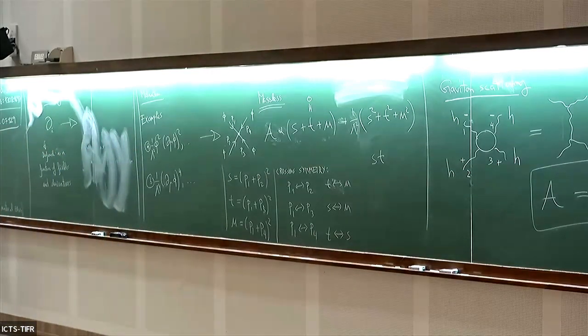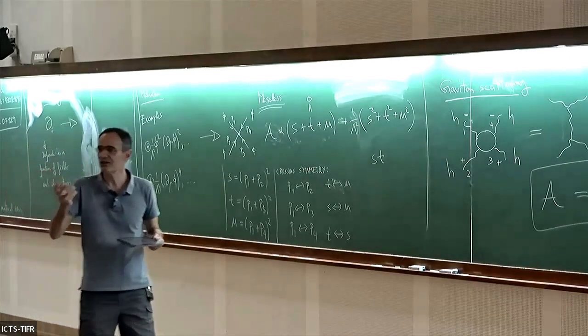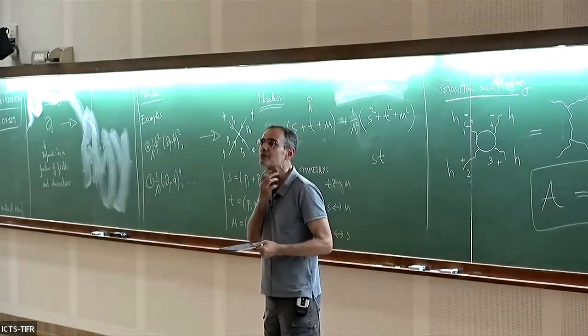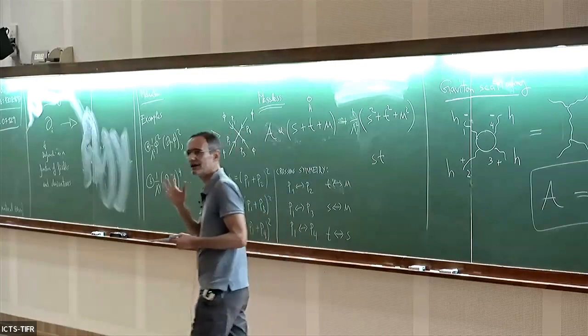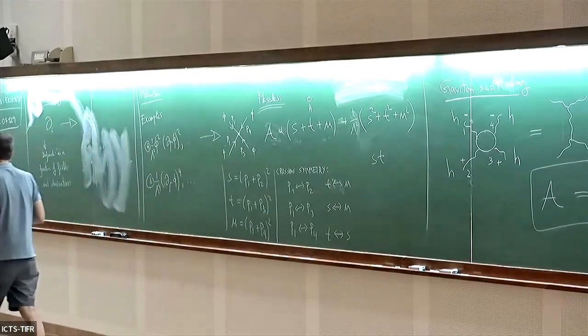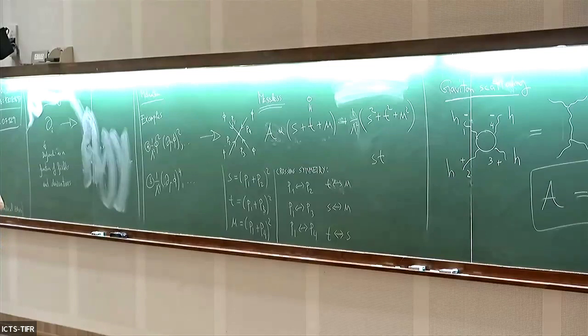Because if I want to define things on shell, how am I going to do calculations where you have to go off shell? So I have to elaborate on this. It will not be easy, but I will elaborate on these things. At one loop level it is relatively easy, but two loops is already difficult in quantum field theory. You will agree with me, no?